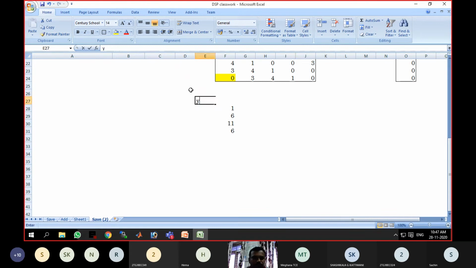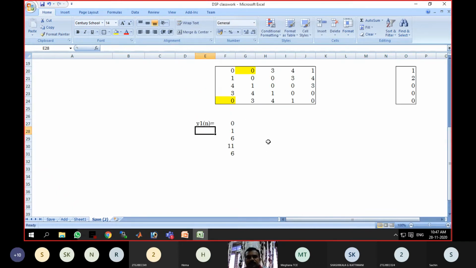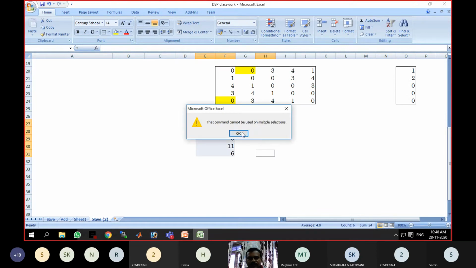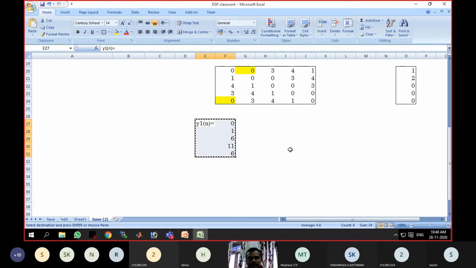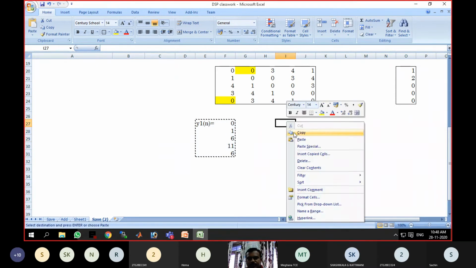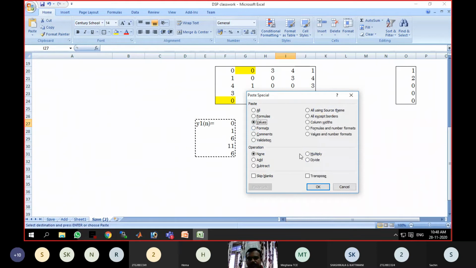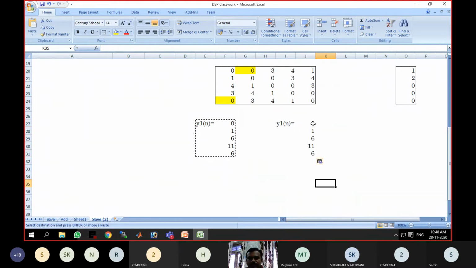So it is y1 of n. y1 of n, it is 0, 1, 6, 11, and 6. So let me save it as it is. It is y1 of n. So what we got? It is y1 of n.